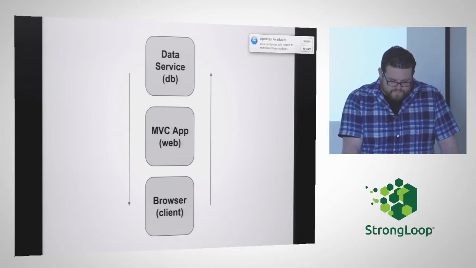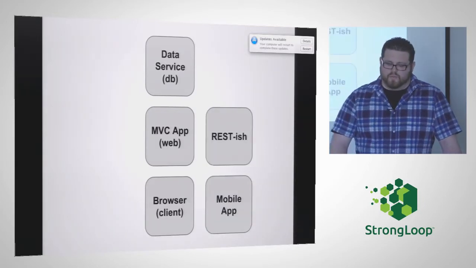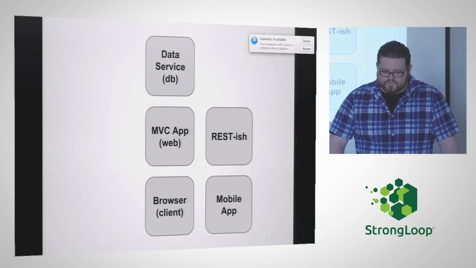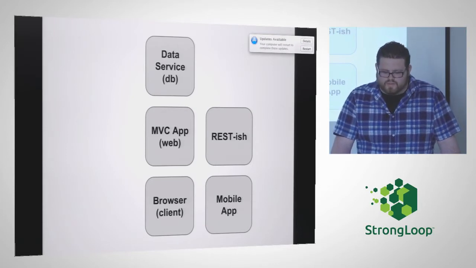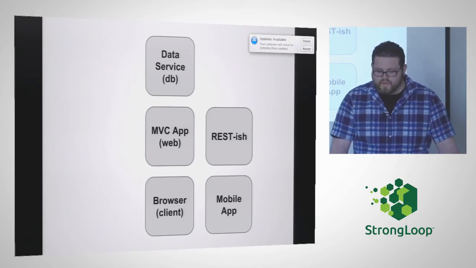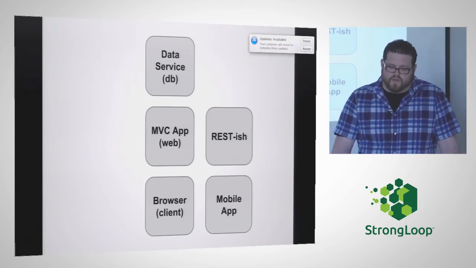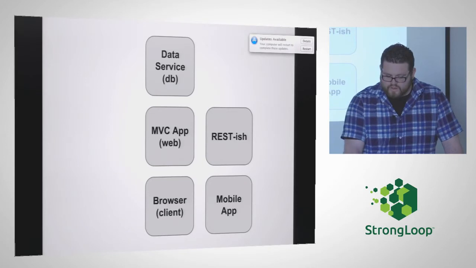Fairly straightforward. And it only gets complicated when you add in a mobile app. So we had an MVC app, and we had two different clients, like a browser, which just rendered HTML. So all it needed was HTML from a web app, something written in Rails or ASP.NET MVC.